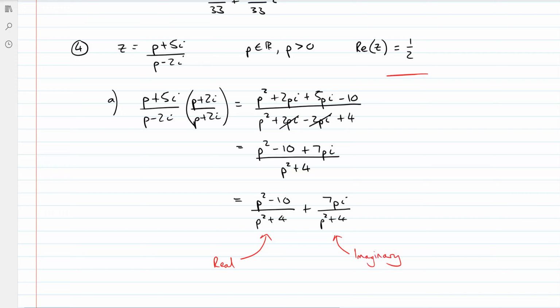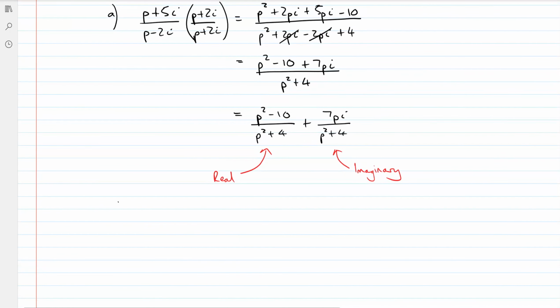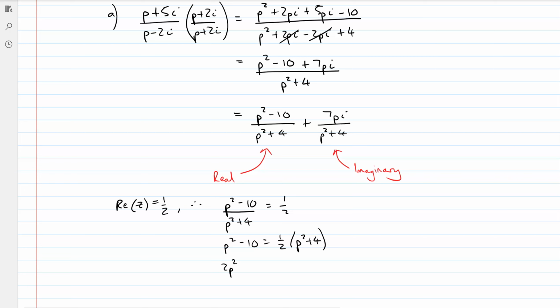So if I'm told the real part of z is a half, then I can just equate that real bit. So the real part of z equals a half. Therefore, this bit, the real bit, is equal to a half. Solve this, so times up by p squared plus 4. I'm going to times by 2 to get rid of the half.